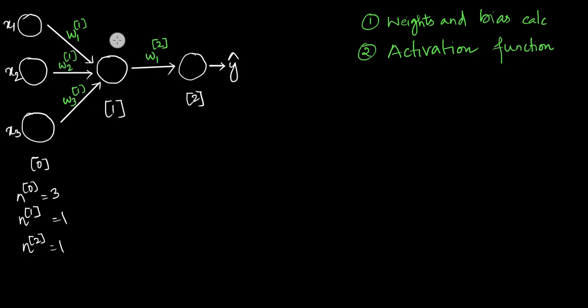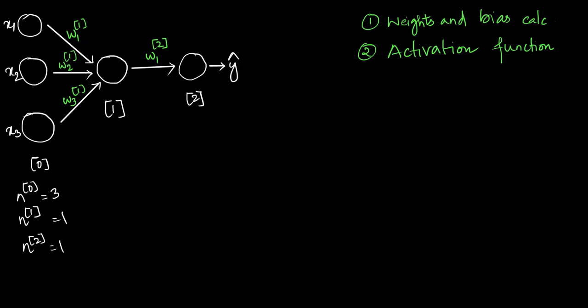Now if you take a look at this particular neuron, you can see three arrows coming inside it. These three arrows are accompanied by x1 with W1 of 1, x2 with W2 of 1, and x3 with W3 of 1. So these three inputs are coming inside this particular neuron.